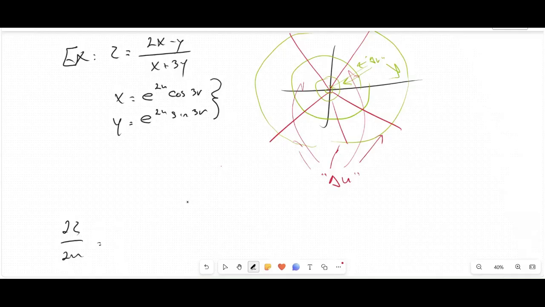I need partial z partial x. The quickest way to do this is just going to be the quotient rule. So I want f prime g minus g prime f, that's just 1 times 2x minus y over g squared.